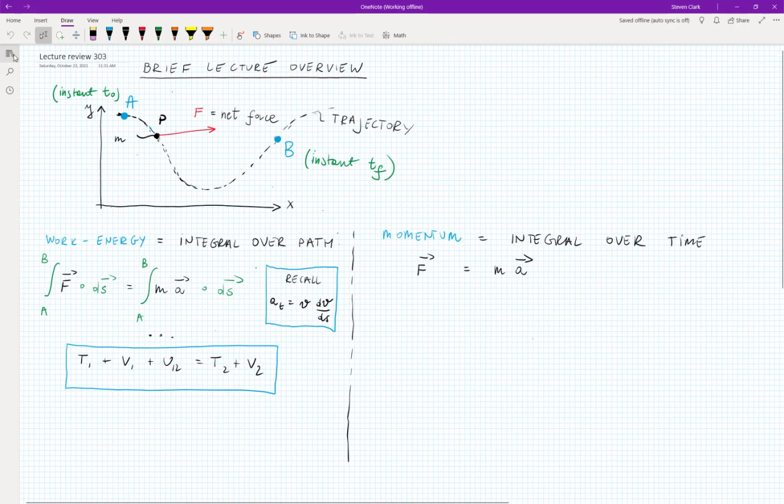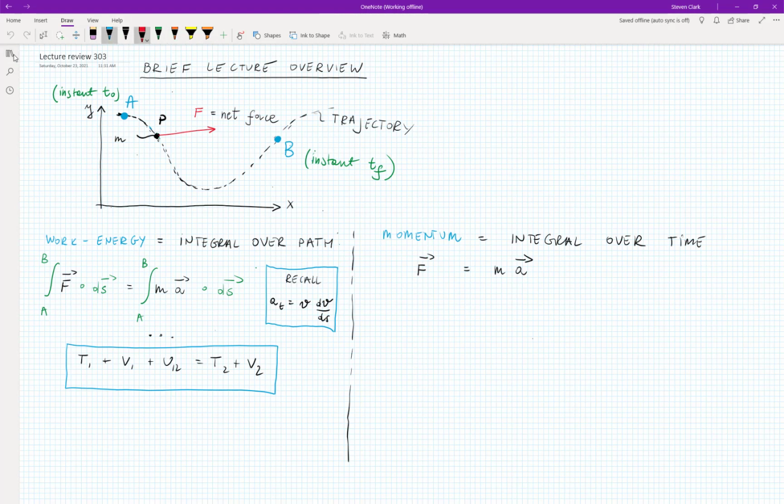So here is my brief lecture overview. As usual, when we start new topics, we consider our particle following the trajectory, and then I will derive some equations. We're going to do exactly the same thing today.